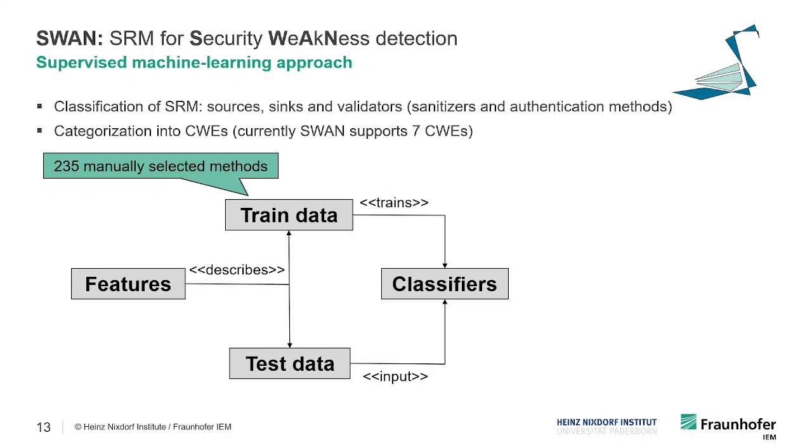When we run this, as an output, we get lists of security relevant methods. So this is a very high level overview, and now we are going to see for each of these parts some of the important details.